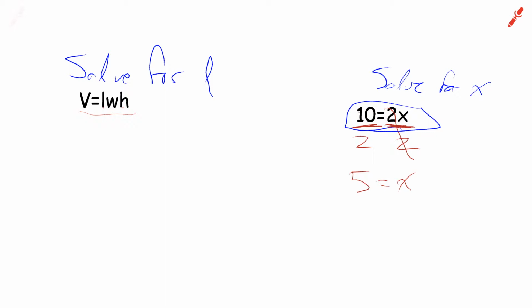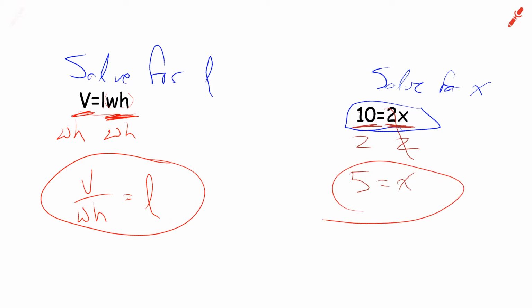Nothing between them. They're all being multiplied. So I'm going to divide by whatever L is being multiplied by. Divide this side by WH, this side by WH. I get V over WH equals L.